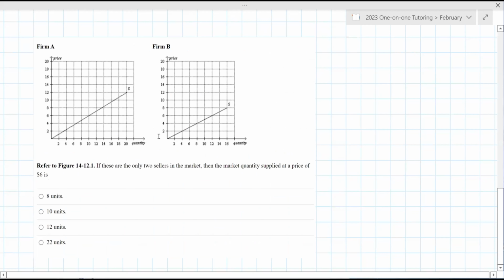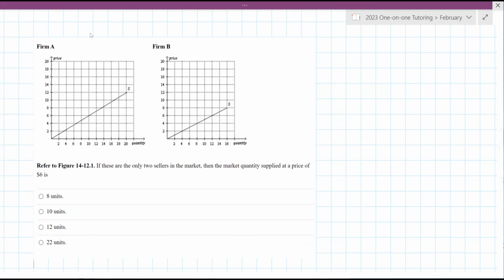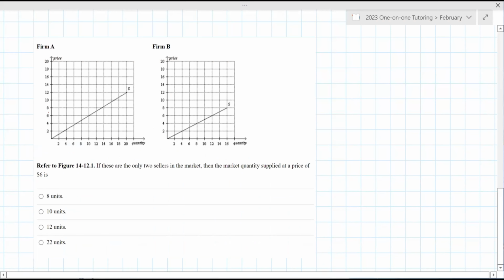If these are the only two sellers in the market, then the market quantity supplied at a price of $6 is... So if you do your typical online homework here, it will have you add up the two curves. But here we don't have to do that. We just have to find how many are produced for $6 in A.